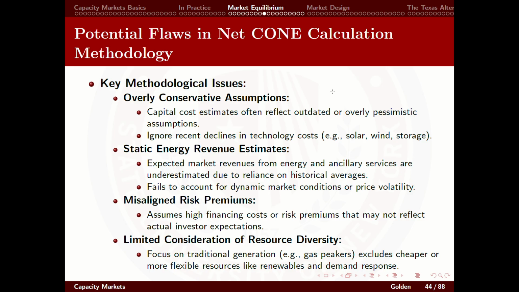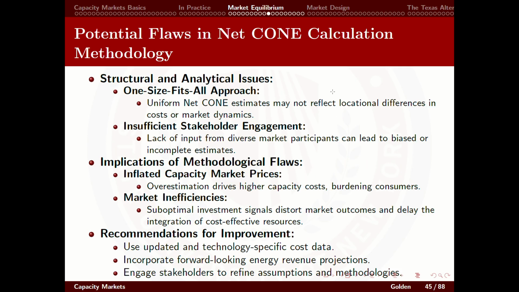There's often misaligned risk premiums, which assume high financing costs or risk premiums that may not reflect actual investor expectations. And there tends to be limited consideration for resource diversity, with a focus on traditional generation like peaker plants, to the exclusion of more flexible resources like demand response or cheaper resources like renewables.